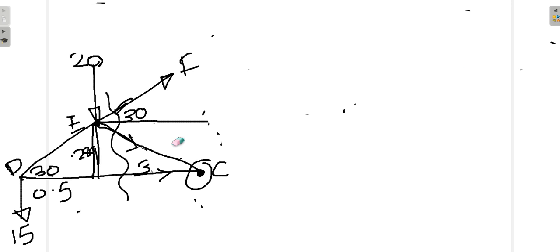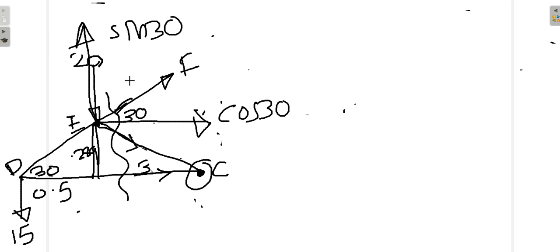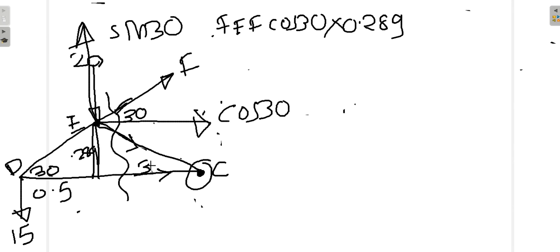Let's do it here. This force EF will have one component of cos 30 and the other component will be sin 30. Both will be in the upward direction. So now let us take moments about point C. FEF cos 30 into 0.289 clockwise.